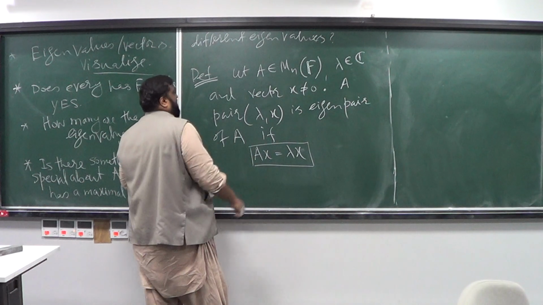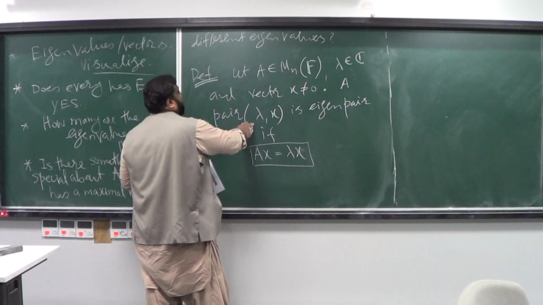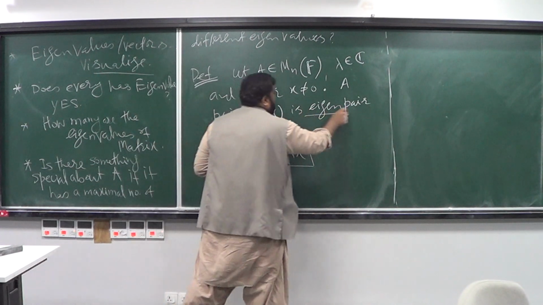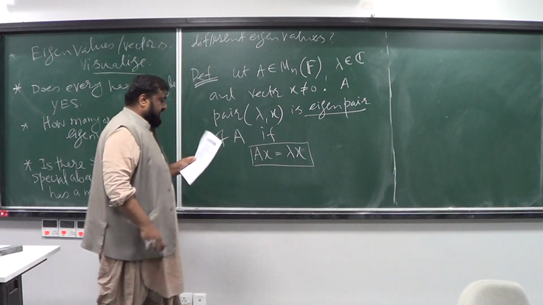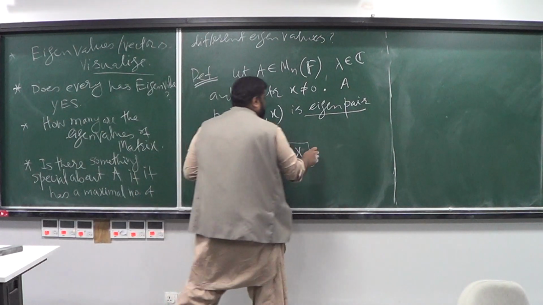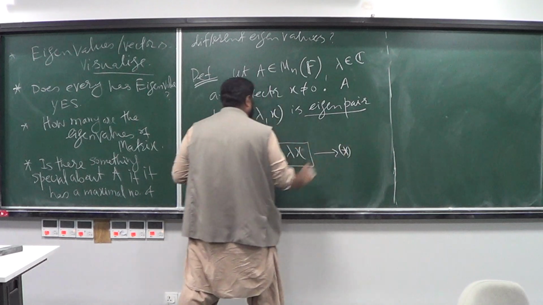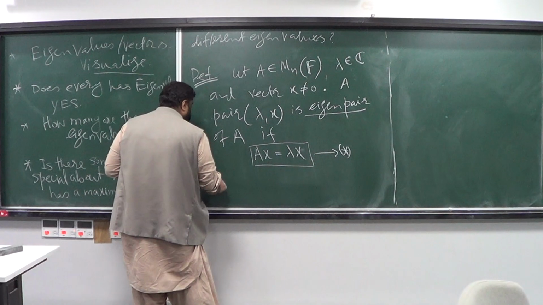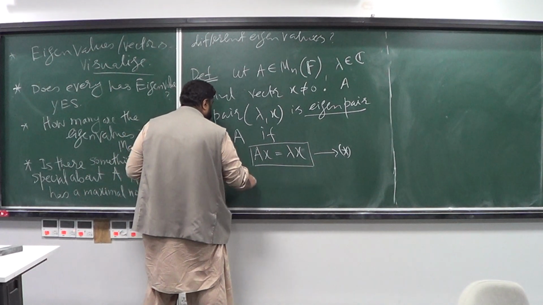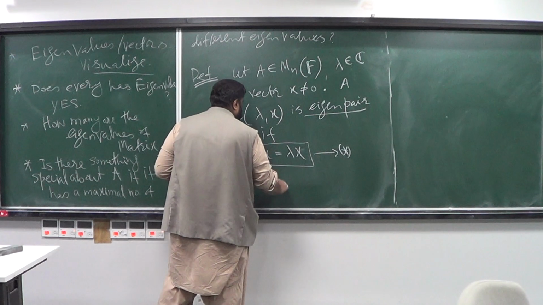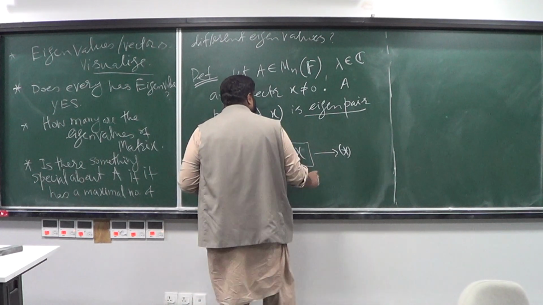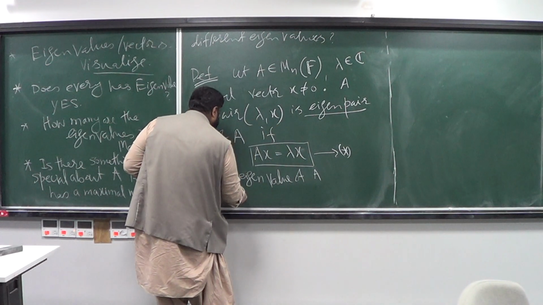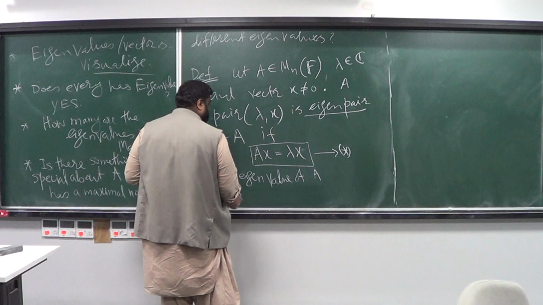Okay, so a pair, a complex number and a non-zero vector, you're going to call this pair an eigenpair if it satisfies this interesting equation. Let's call this equation the equation star. And if an eigenpair satisfies this equation, then I'm going to say that lambda is an eigenvalue of matrix A, and x is the corresponding eigenvector to the lambda.